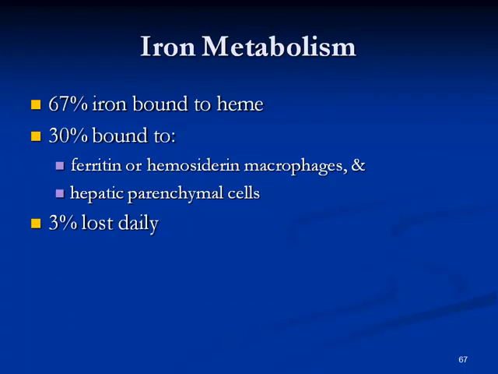A couple things about iron itself. So most of the iron in our bloodstream is bound to the hemoglobin molecule. And then a portion of it is bound to other circulating substances, ferritin or hemosiderin in macrophages, and also in the liver, hepatic parenchymal cells. Parenchyma is just the tissue itself, so liver cells. And then about 3% is lost daily.